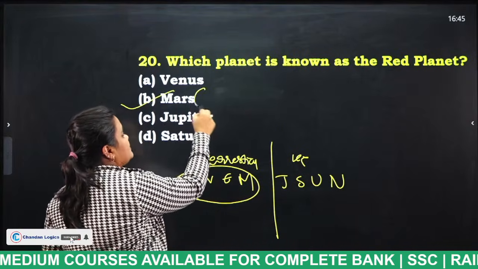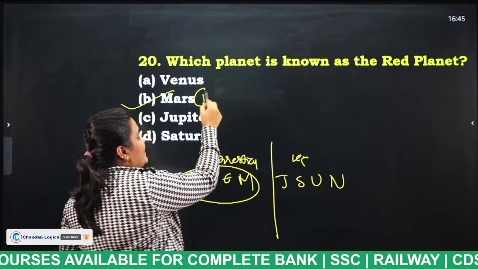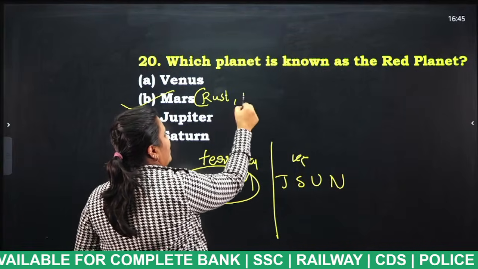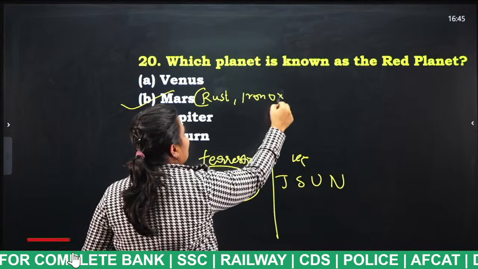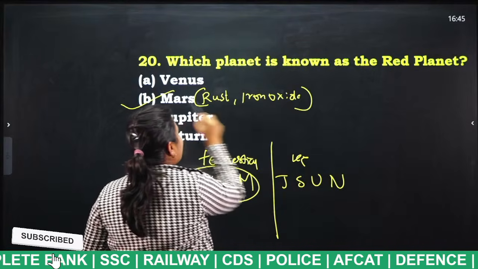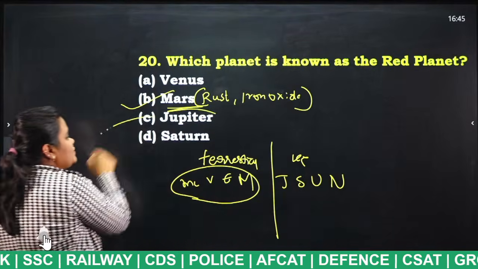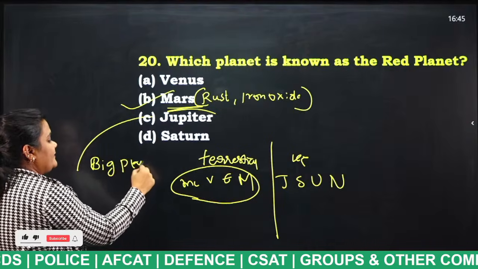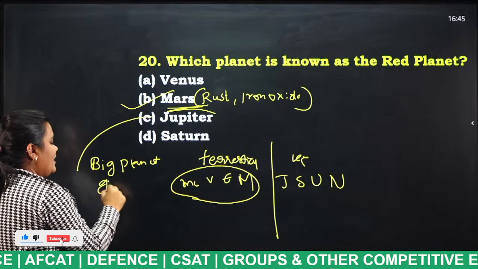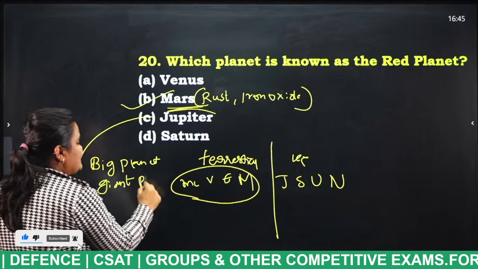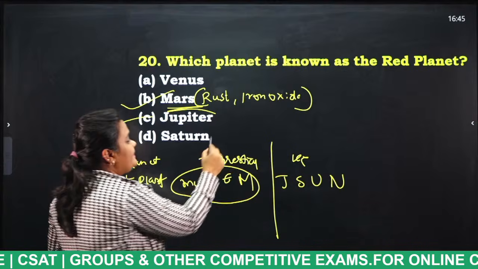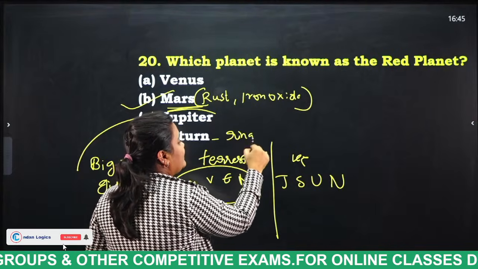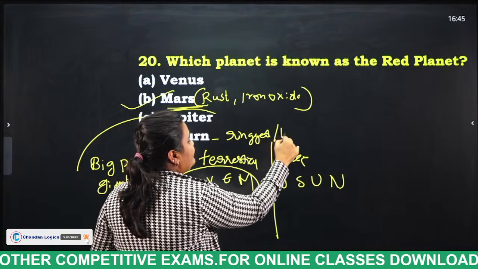Mars. Why? Because Mars consists of rust, which is nothing but iron oxide. For this reason, we consider Mars the red planet. Jupiter is known as the big or giant planet. Saturn is known as the ringed or beautiful planet.